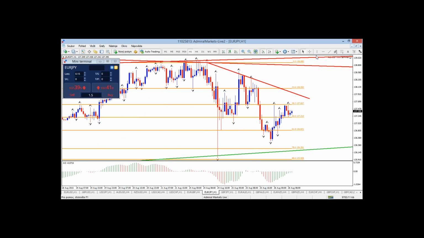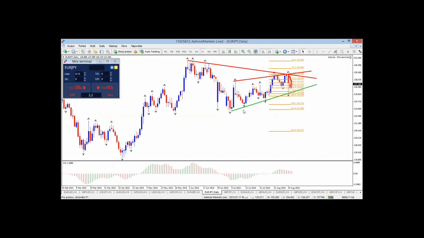There's a trend line. Here's a trend line. It's a difficult zone to trade in, I would say. Yeah, I would say even an uptrend at the moment, but if the support trend line breaks, it could be a good breakout to the downside.